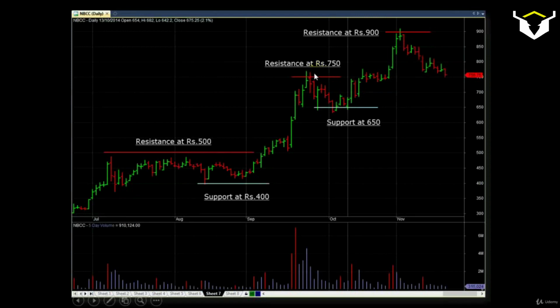As 750 has acted as a resistance, chances are from here on this stock might find 750 as a support. So once a resistance is penetrated, it starts acting as a support. Similarly, if a support is broken, it might start acting as a resistance.